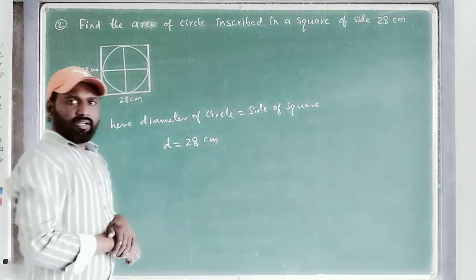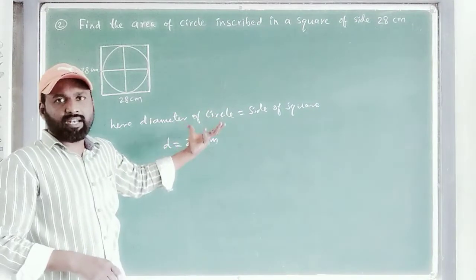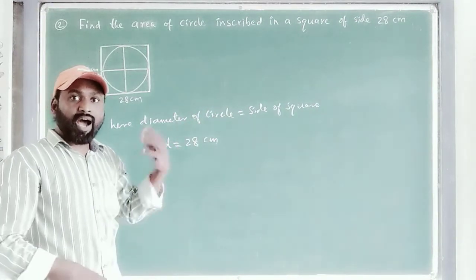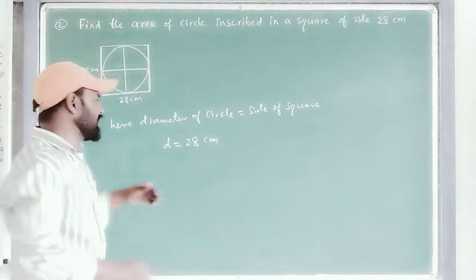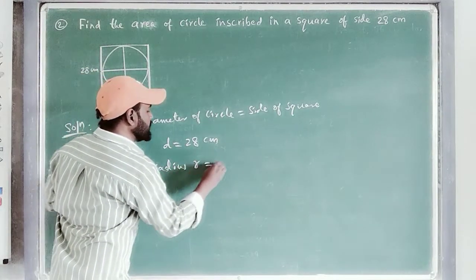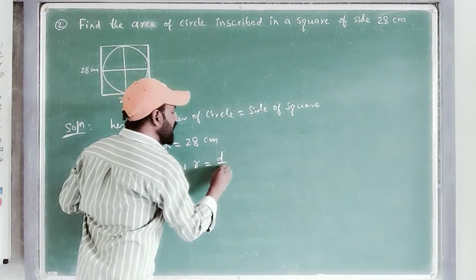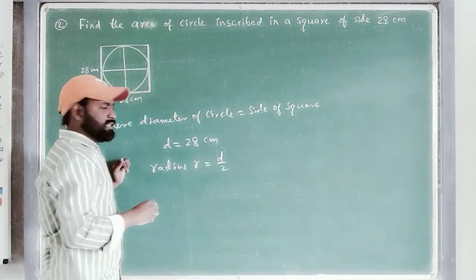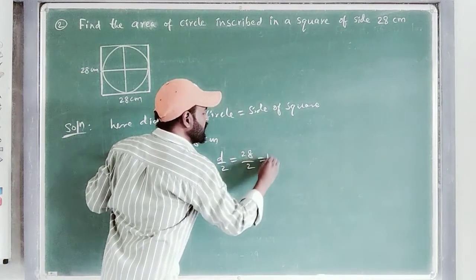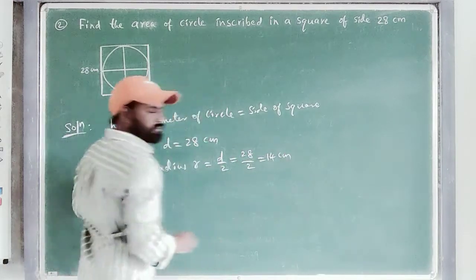We know that. Now we have to find the area of the circle. Area of the circle formula is what? Pi r square. In that r means radius. We need radius actually. Now radius r is equal to diameter by 2. Half of the diameter is radius. So 28 by 2, which is 14 centimeters.